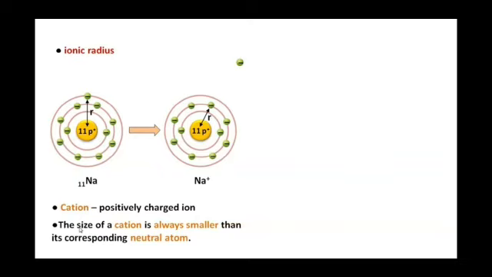So, while calculating the atomic radius of the sodium ion, we have to calculate the distance between the nucleus of the sodium ion and the second shell, not the third shell. Therefore, the size of a cation is always smaller than its corresponding neutral atom. That is, sodium ion will be smaller than the sodium atom.